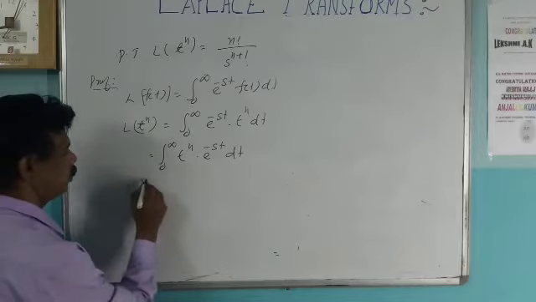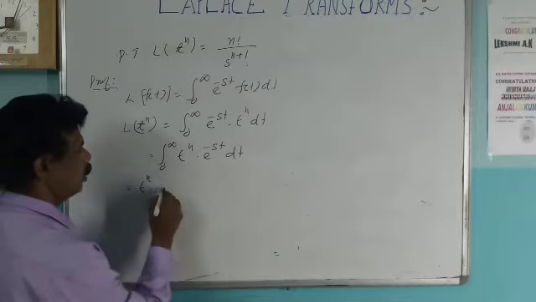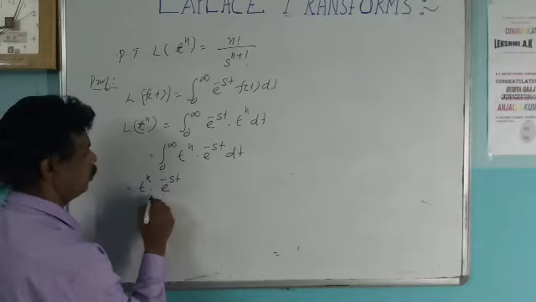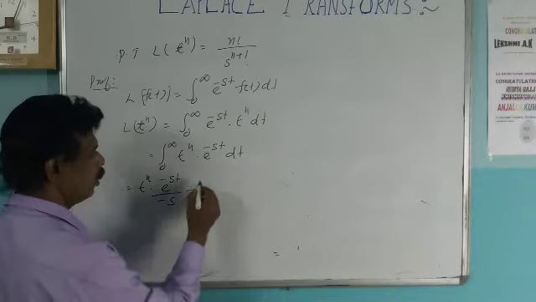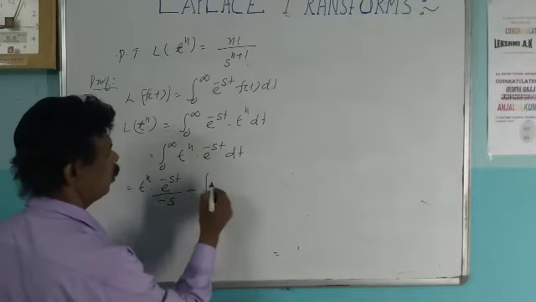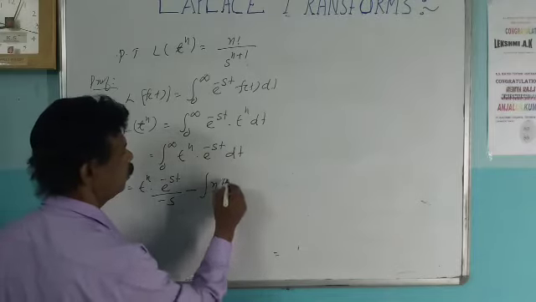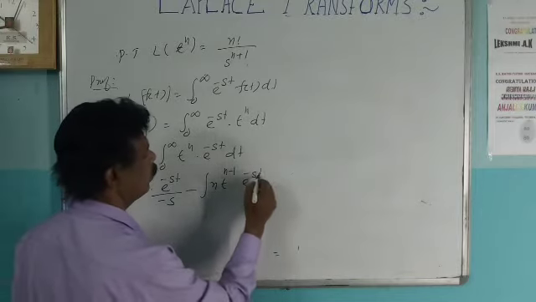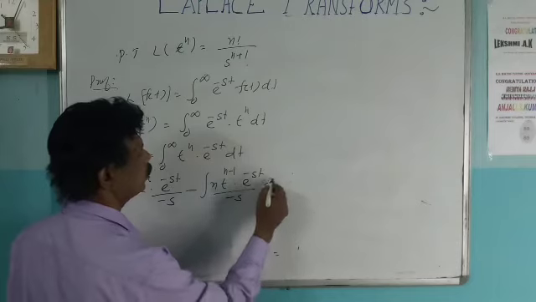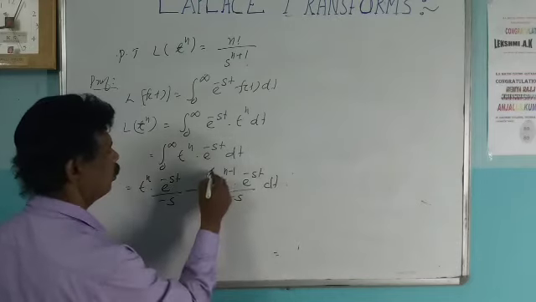That is, first function t raised to n into integral of second, e raised to minus st divided by minus s, minus integral of derivative of first, n into t raised to n minus 1, and integral of second, e raised to minus st divided by minus s dt, limit 0 to infinity.